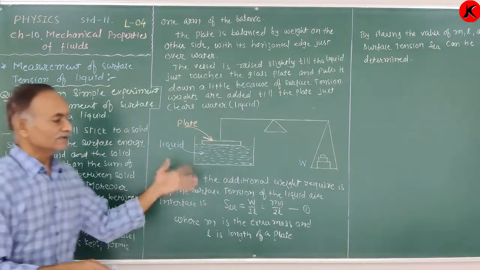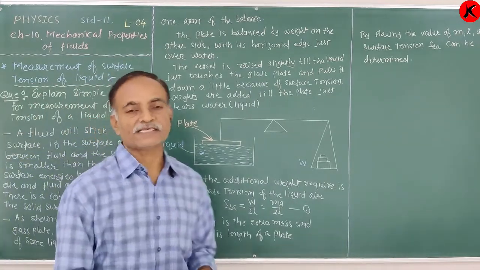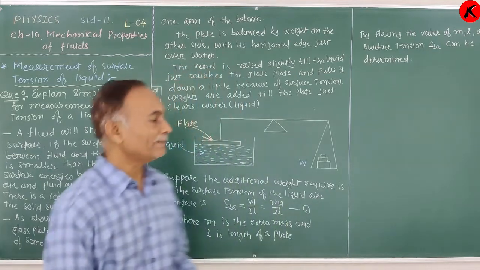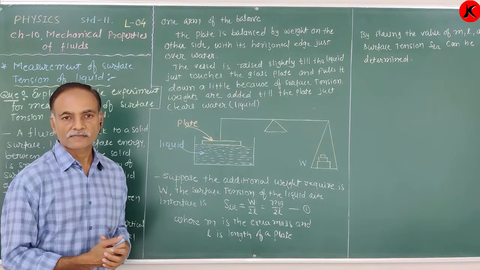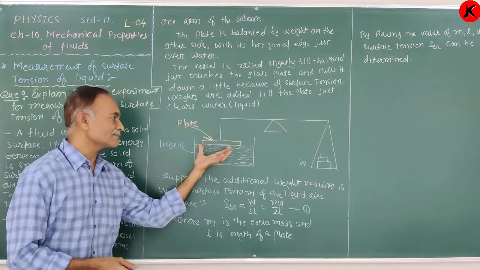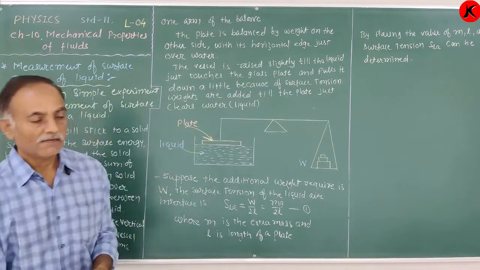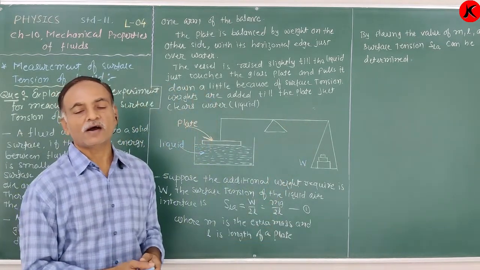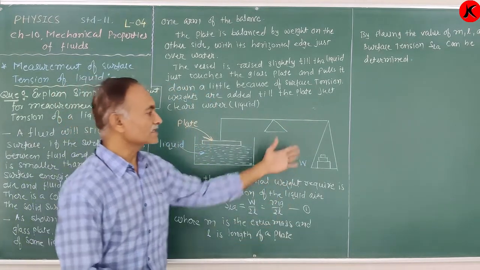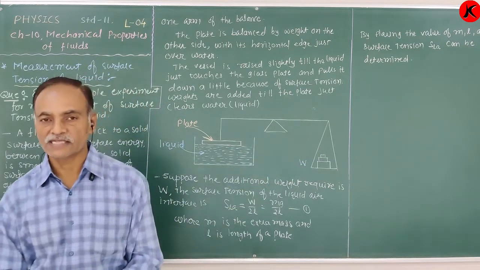Now, how do we measure the surface tension experimentally? For that purpose, we consider a simple balance. One arm of the balance is formed by a glass plate, while at the other arm, the pan with the weight forms the other arm of a simple balance.